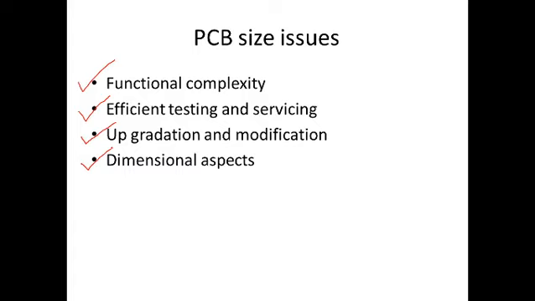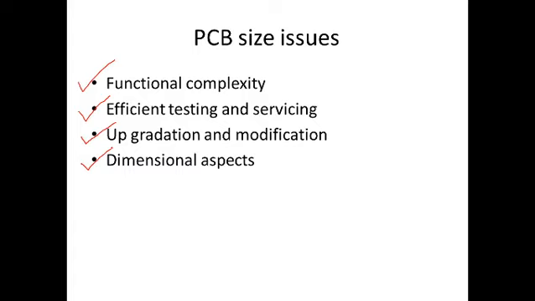Efficient testing and servicing. For efficient testing and servicing, smaller PCB sizes are more often preferred. The smaller the size of the PCB, the easier it is to test and service it. Third one is upgradation and modification. In normal practice, more than 90% area is utilized for the entire circuit and 10% area is provided for upgradation and modification.